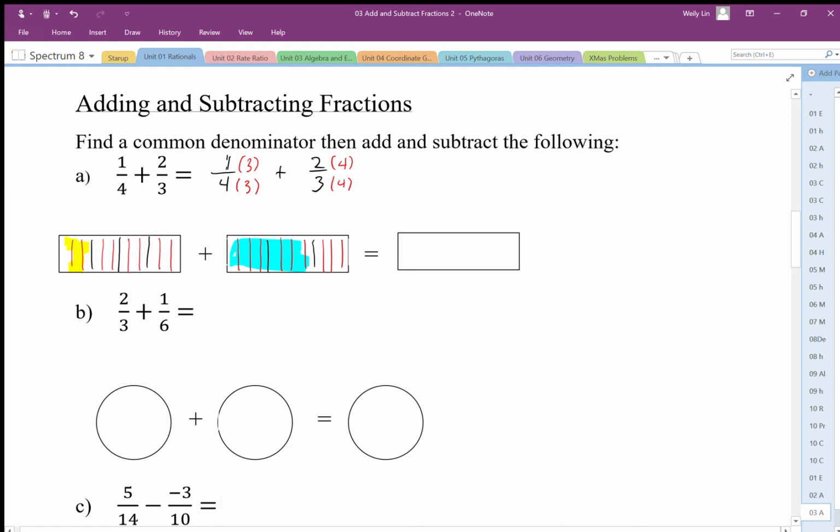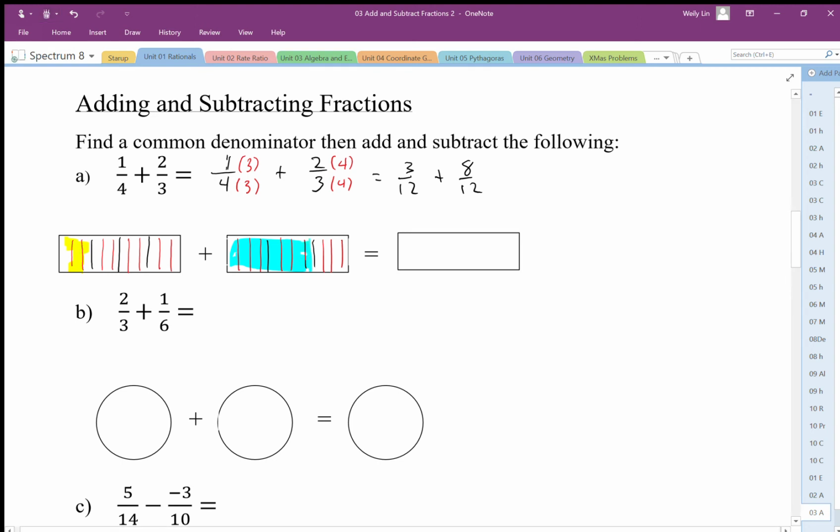So now I can re-express this as 3/12, which is same as 1/4. I'm going to express this as 8/12, which is same as 2/3. Okay, I'm just going to make sure that that looks a little bit more accurate there.